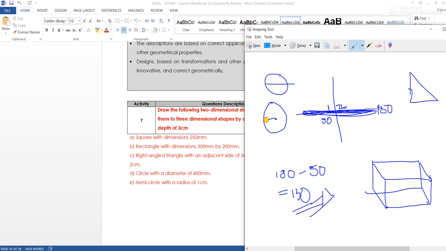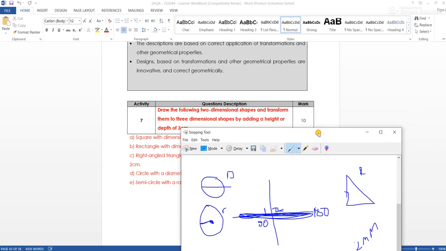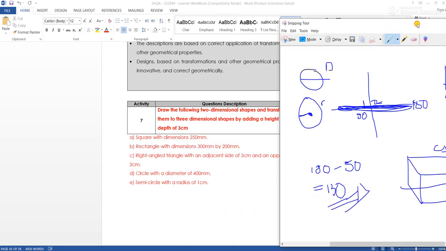And the good thing is that they don't ask you to calculate, but we managed to get through that. So they ask you about a circle, the diameter and radius, and drawing a right triangle and a square with the dimension of 2 millimeters. So that's it.